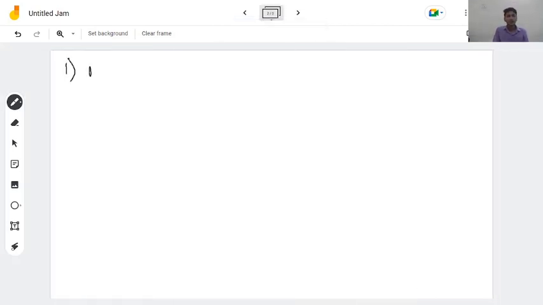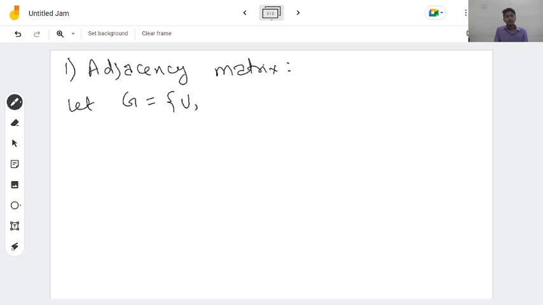So first thing we will see is adjacency matrix. Okay, so let G equal to V, E and phi be a graph, which means this graph can be any graph like a simple graph or graph with multiple edges or loops.